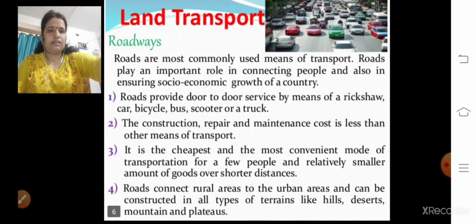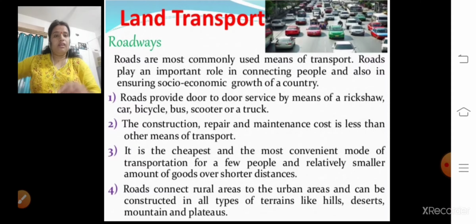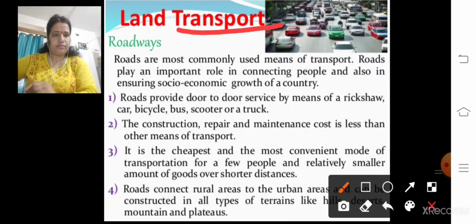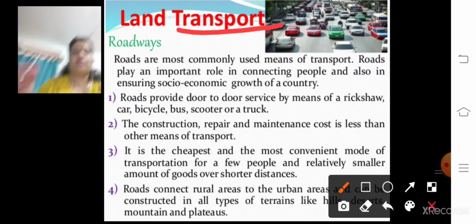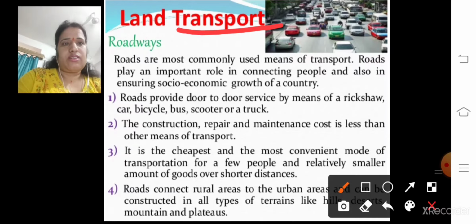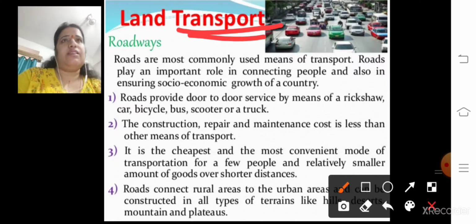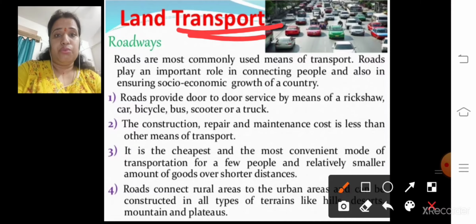See, land transport. First you have to understand what is transport here. Okay. So transport, what is transport? Movement of goods and services, right? It can be over three important domains of earth, which we have already done: land, water and air.